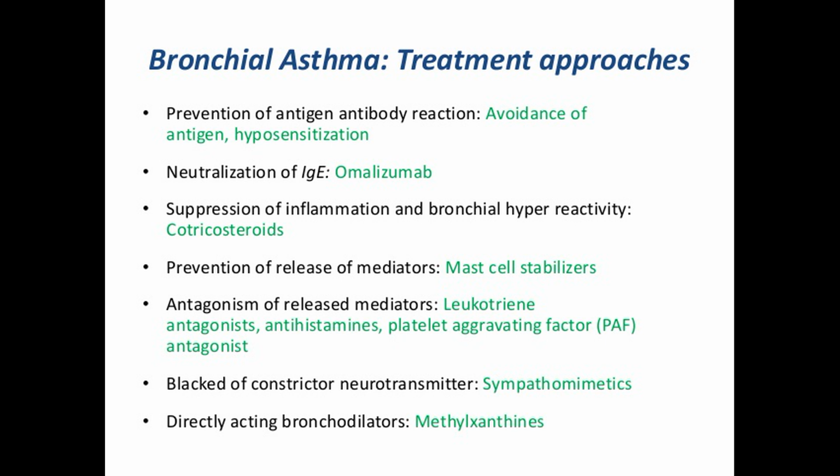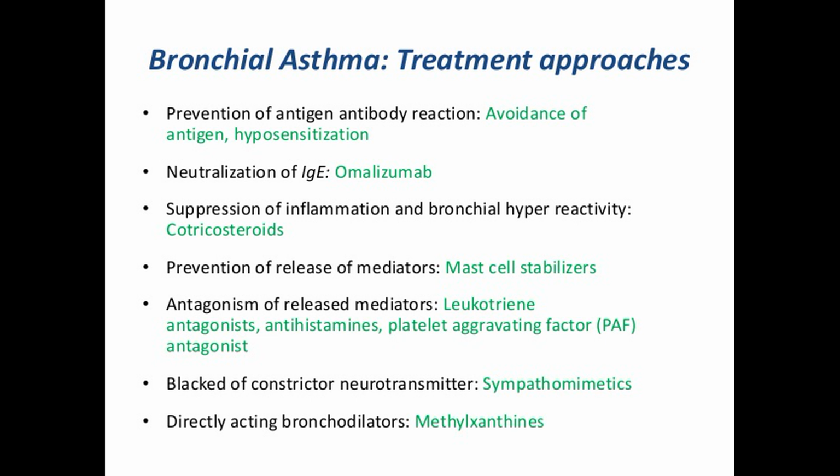Pharmacologic management includes the use of control agents such as inhaled corticosteroids, long-acting bronchodilators, beta-agonists and anticholinergics, theophylline, leukotriene modifiers, and more recent strategies such as the use of anti-immunoglobulin E, IgE, antibodies, omalizumab, anti-IL-5 antibodies, and anti-IL-4/IL-13 antibodies in selected patients.